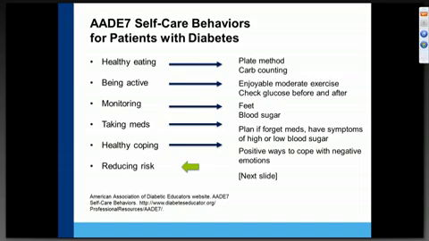And the reality is the most common reason the patients don't necessarily adhere is they simply forget. So, sometimes if your normal routine is altered in some way, you may forget to take your medications, and have plans in place. And then healthy coping and how do we reduce the overall risk.